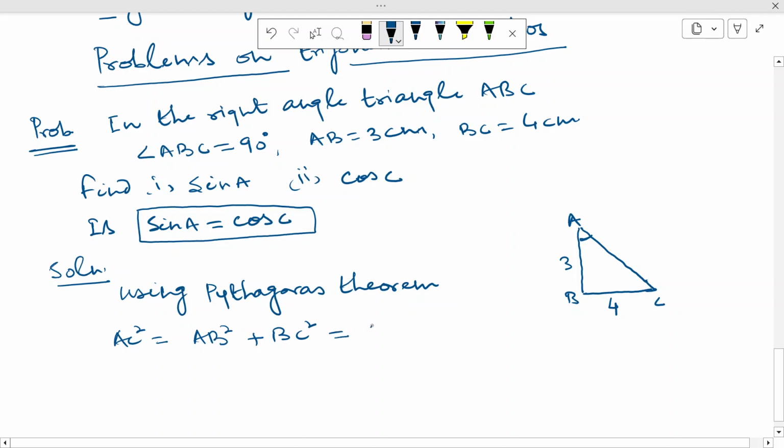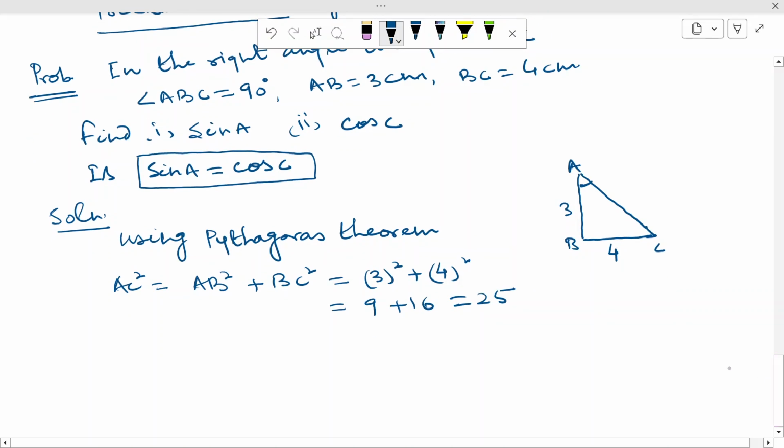So, that will be 3 square plus 4 square. This is coming out as 9 plus 16, which is 25. So, this implies that your AC is 5 centimeter.